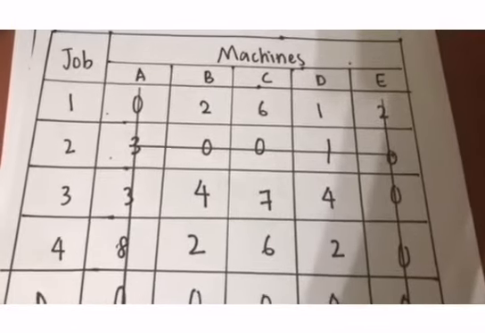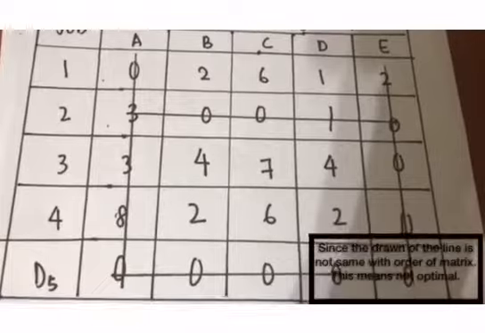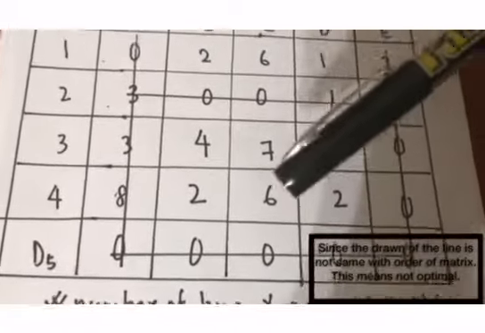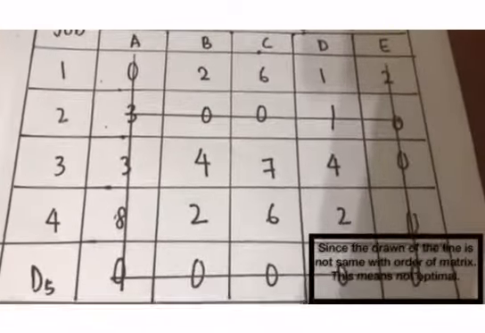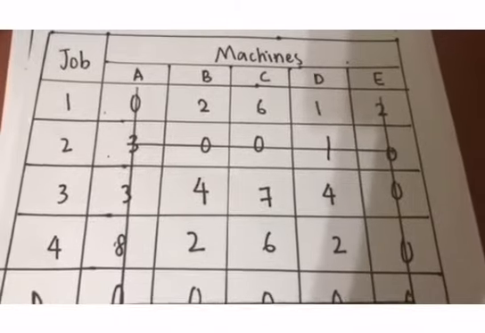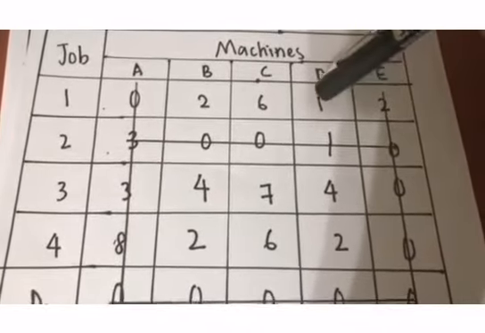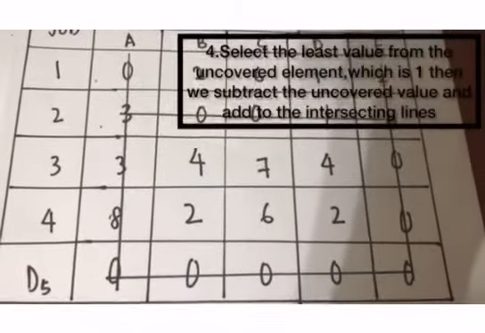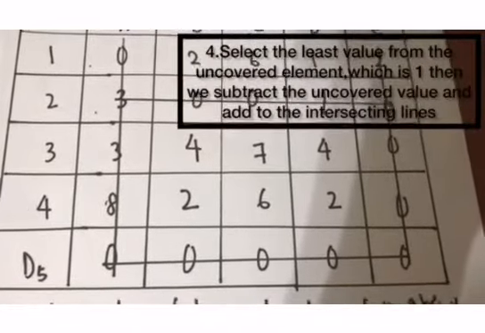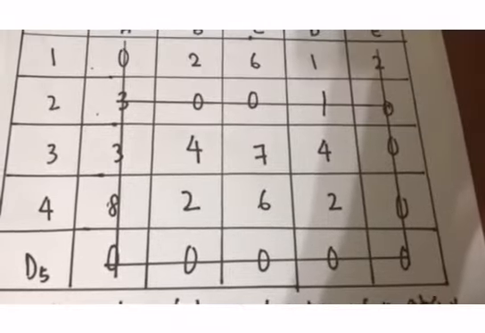Since the number of lines is not the same as the order of the matrix, this means it is not optimum. So we select the least value from the uncovered elements, which is 1. Then we subtract it from the uncovered values and add it to the values at the intersecting lines.